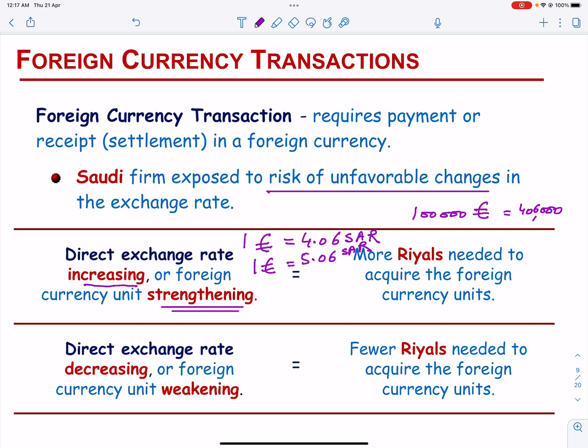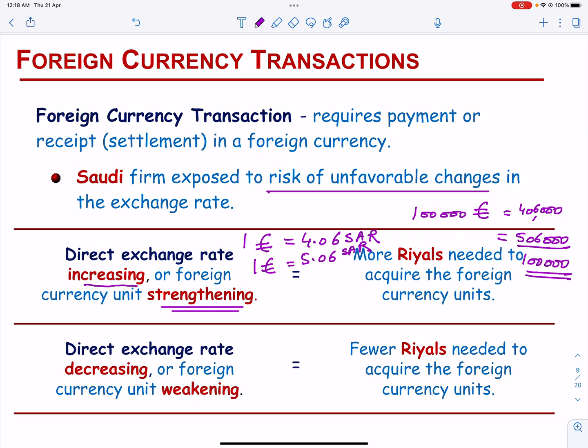The Saudi firm now needs 100,000 more to make the payment of the same amount of euros. 5.06 times 100,000 gives you 506,000. So we need an extra 100,000 Saudi riyals to make the payment.